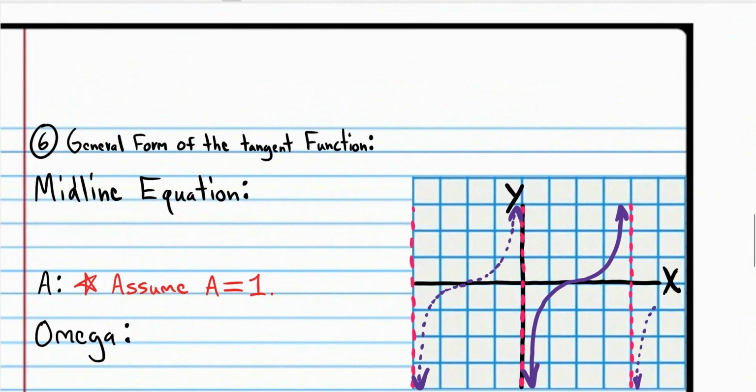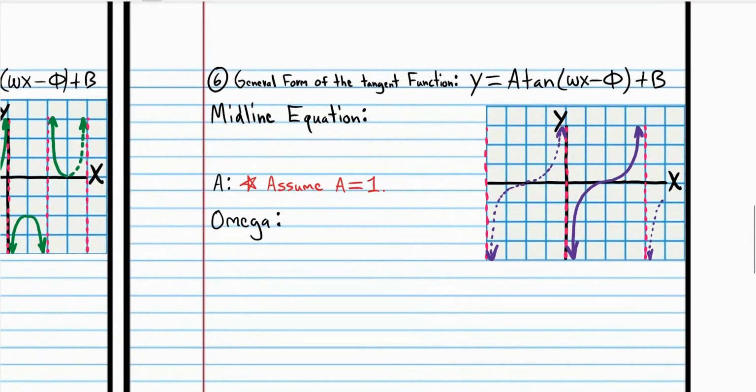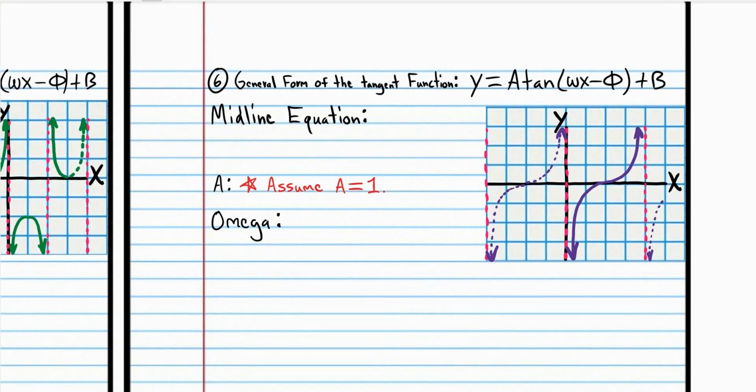Alright, we're back, so let's write the general form of the cotangent curve. Excuse me, the tangent curve. As you can see, the general form is very similar. That's pretty much the same in terms of the equation. The only difference is the function is the tangent function now.